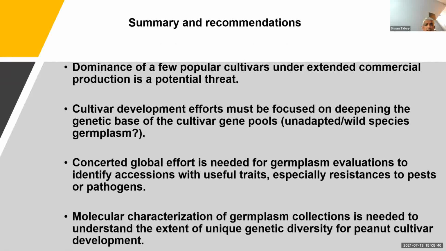Cultivar development efforts must be focused on deepening the genetic base of the cultivar gene pool. As we heard from the previous talks, wild species offer that resource, as does any unadapted germplasm with useful traits. So there's a need for a concerted global effort, such as the one for peanut smut, for germplasm evaluation to identify sources of useful traits.